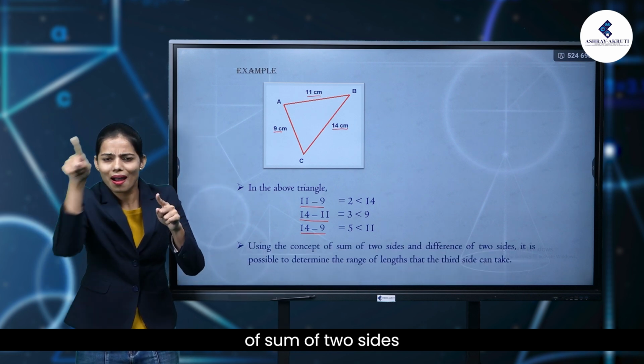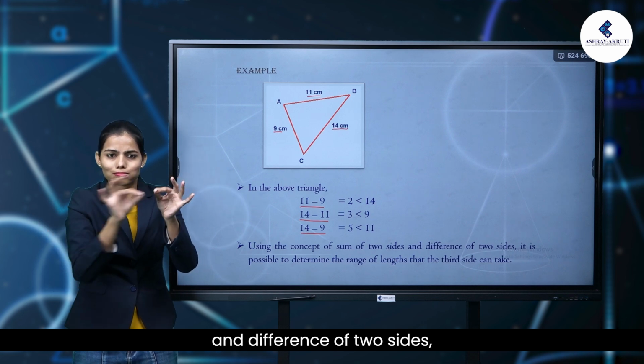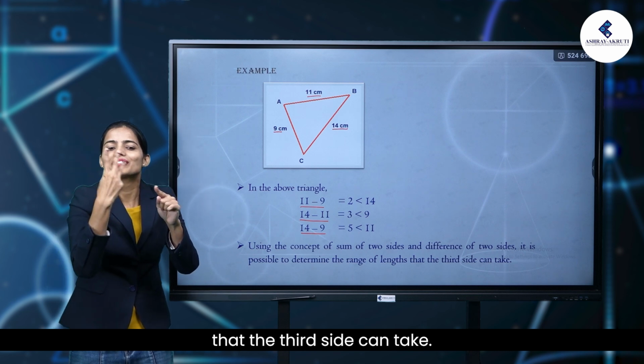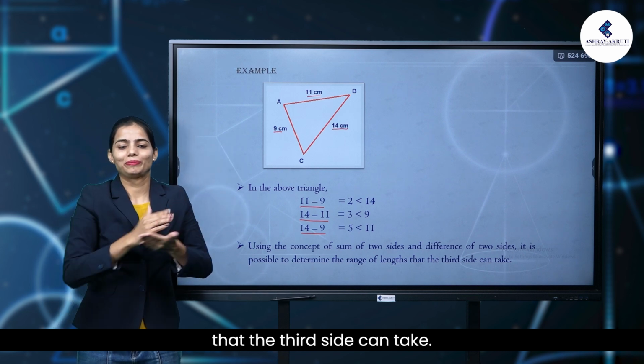Using the concept of sum of two sides and difference of two sides, it is possible to determine the range of length that the third side can take.